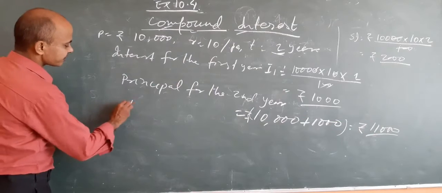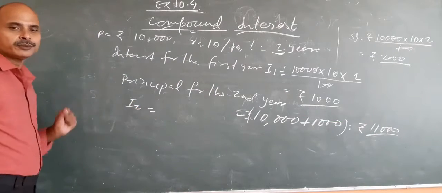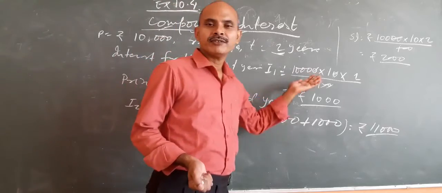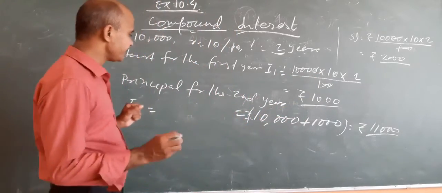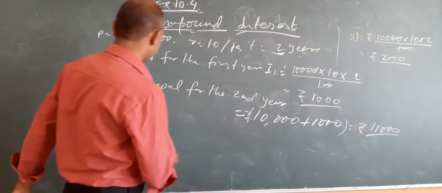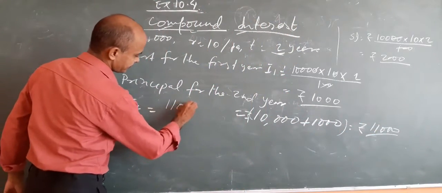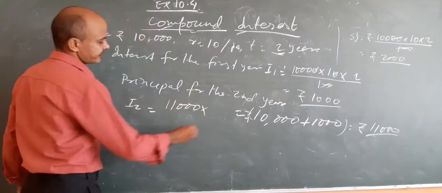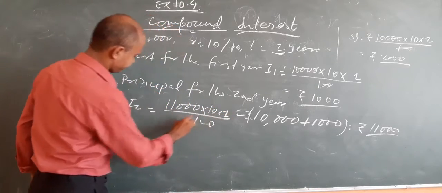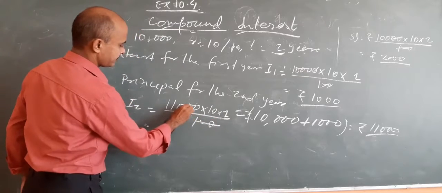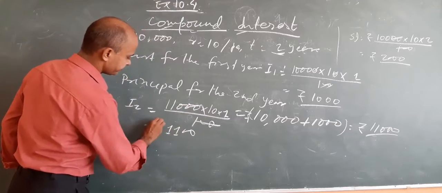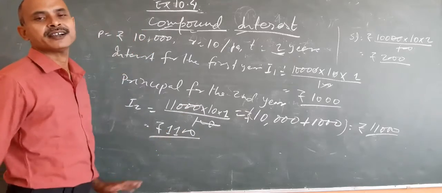So the interest for the second year, I call it I2, is PRT by 100. The formula is the same, but this time the principal will be 11,000, rate 10% and time 1 year, by 100. That is 1,100.